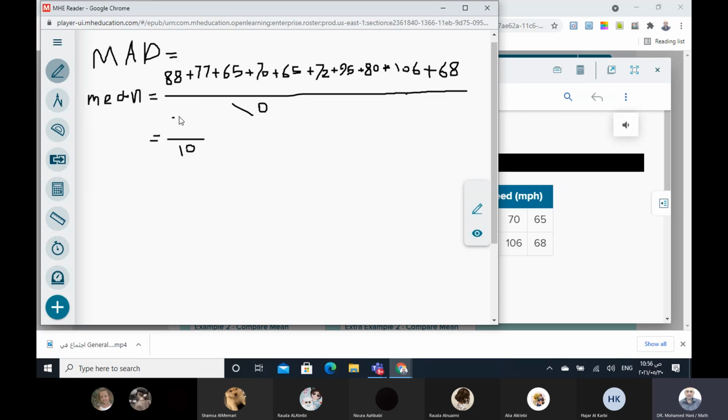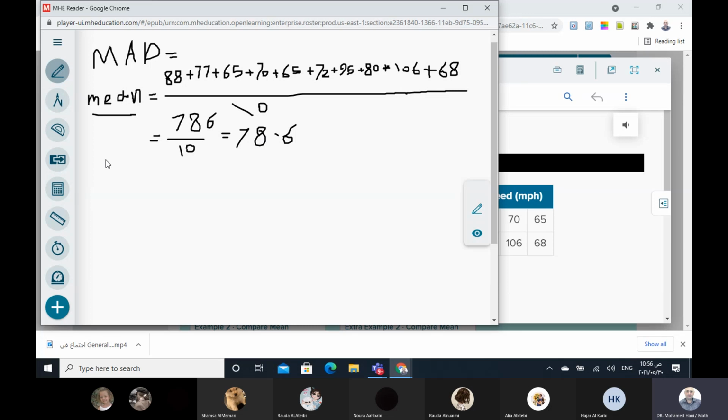So the answer will be 786. Divide by 10 will be 78.6. So at the first, find the mean.